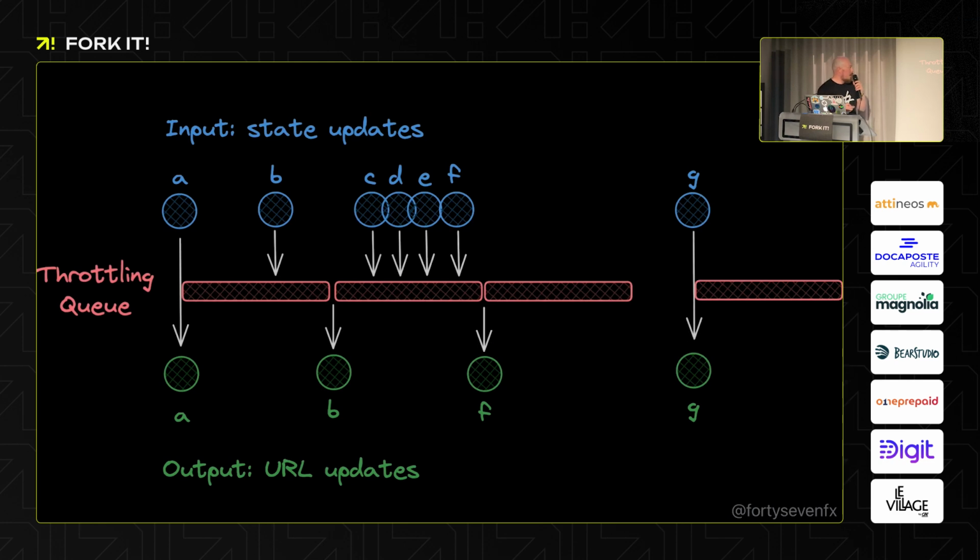So we have the events coming in blue, which would be when we try to set our state. And in output, in green at the bottom, the actual updates to the URL. And so in between, we have this queue that will, for the first event, it's okay to go straight through.